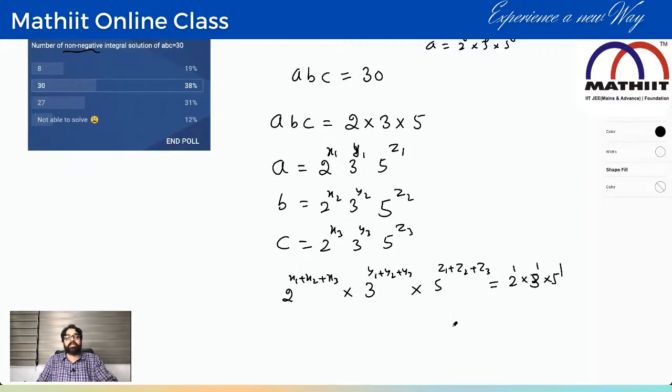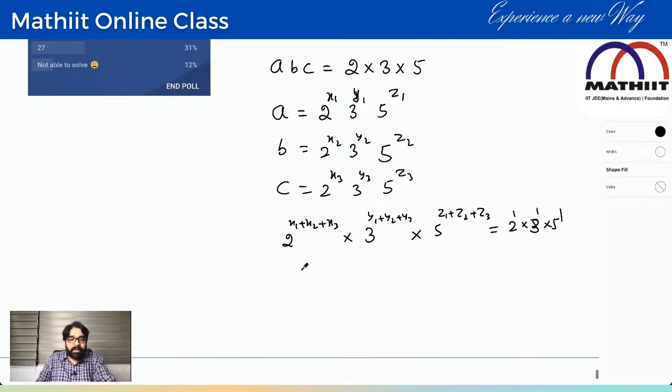Yes, sir. The only possibility from here is that x1 plus x2 plus x3 must be equal to 1, because no other possibility, this prime will be equal to this prime only. And y1 plus y2 plus y3 must be equal to 1, and z1 plus z2 plus z3 must be equal to 1.